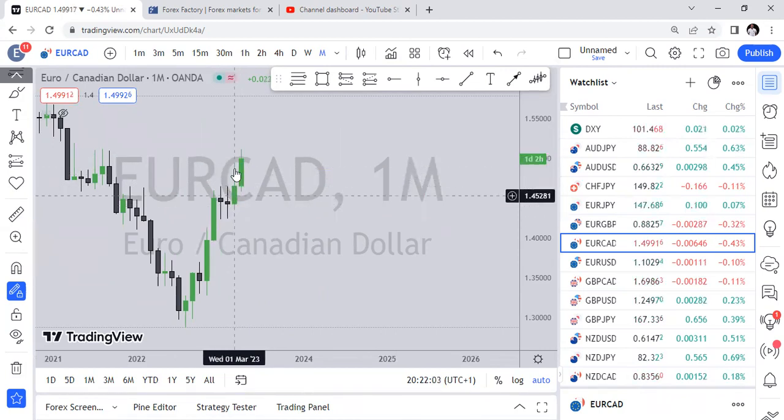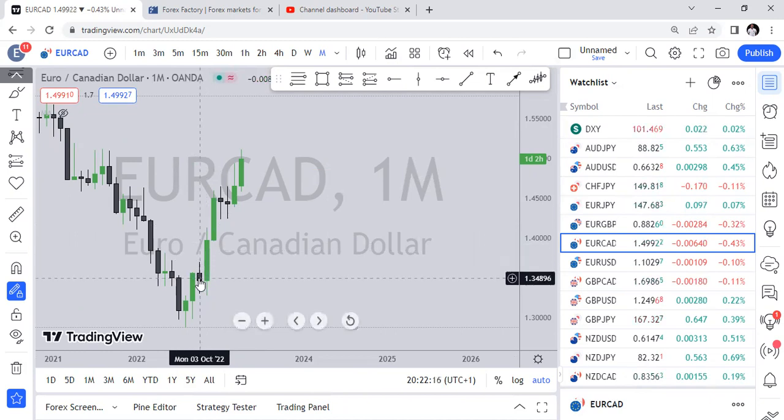This was what they did the previous month, this is the month of February. This was January, December, this is November, October, September, and this was August.